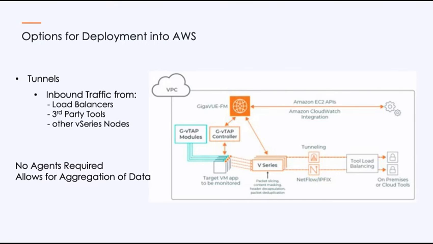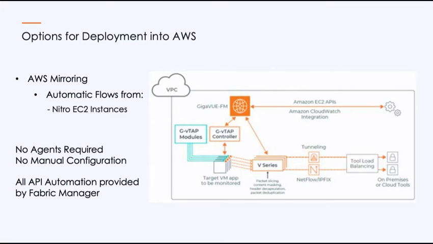We can create separate V Series nodes and controllers in each one of them and then send that traffic off to a centralized place where the tools live and do this in the form of an aggregation. We can get deeper into that when you talk to your Gigamon sales rep and sales engineer on how we do that. But we're going to try to keep this fairly simple in our demo today.